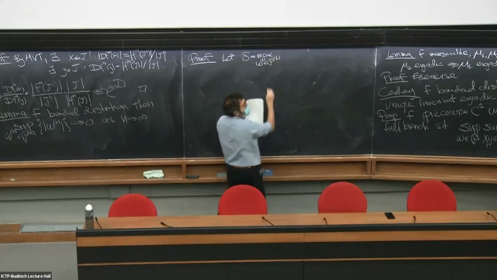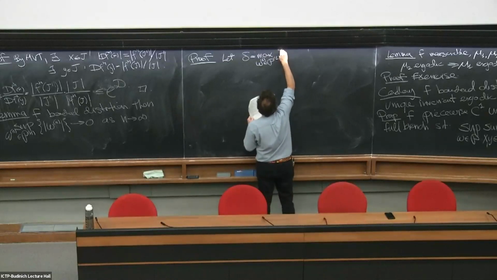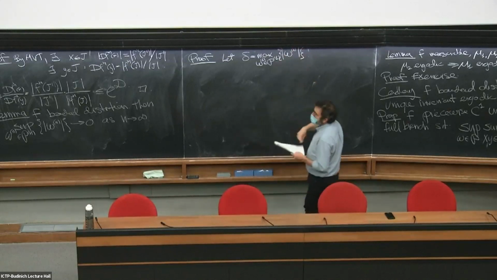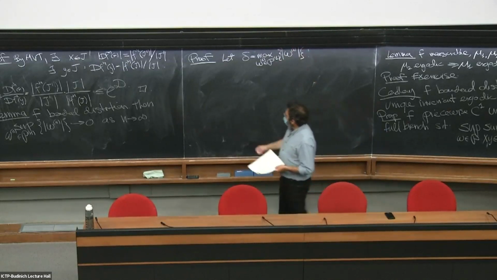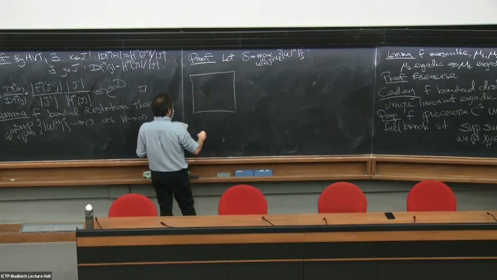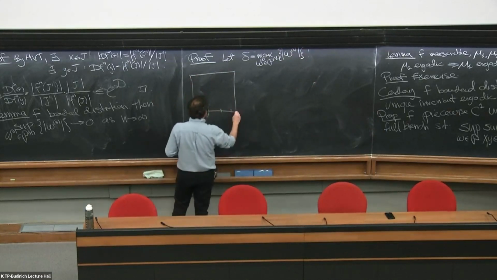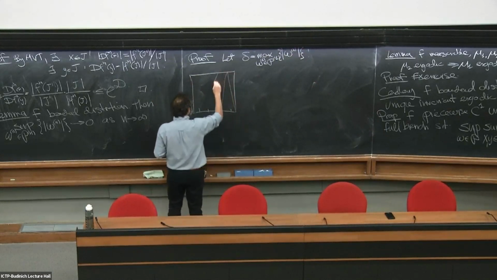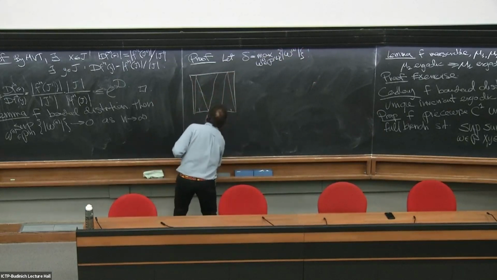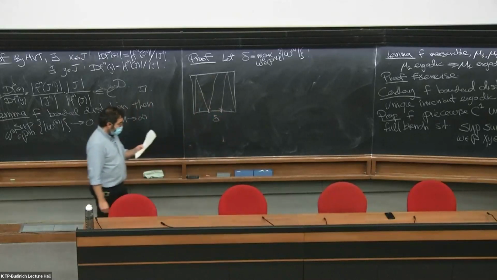So P1 is the partition of the original full branch map, and delta is the size of the biggest interval of this partition. So we have some kind of full branch map, and clearly we have the biggest interval here. This size here is delta, even if it's infinite.